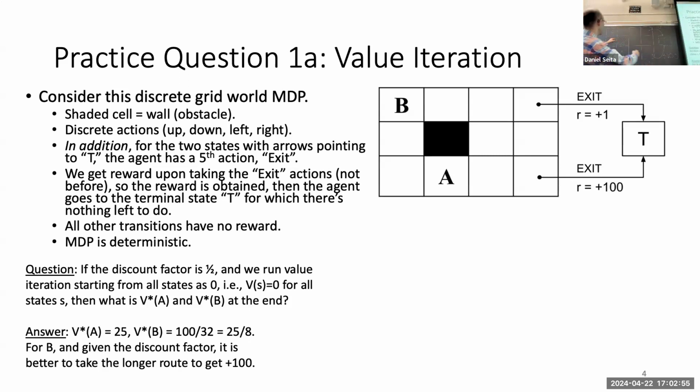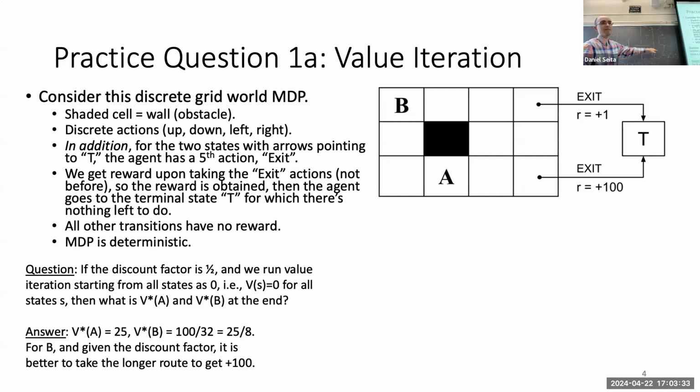Also because it's a grid world, you can go 1, 2, 3, 4, 5, 6, or you can go down 1, 2, 3, 4, 5, 6. As long as it gets there within 6 actions, it's going to be fine. If you want to do it mathematically, think of this as gamma 0, gamma 1, gamma 2, 3, 4.